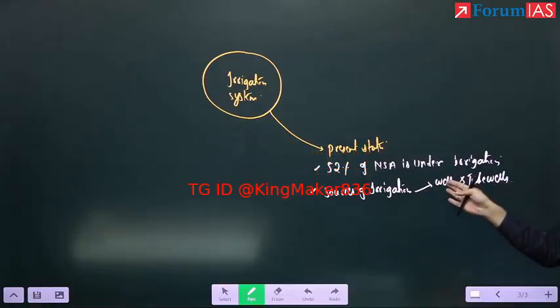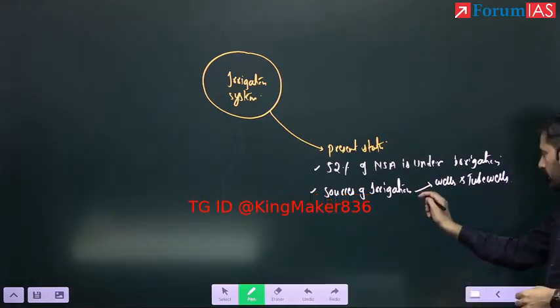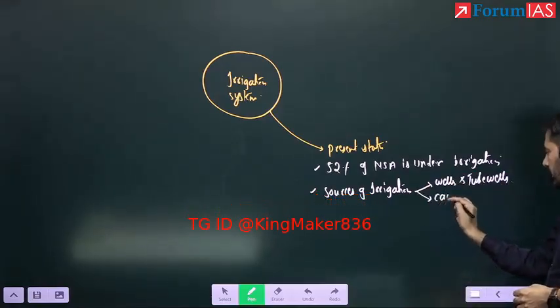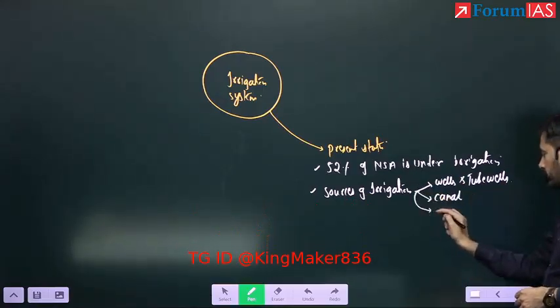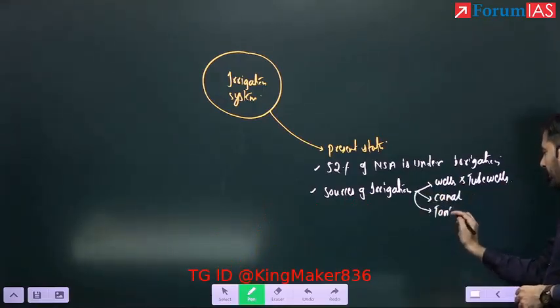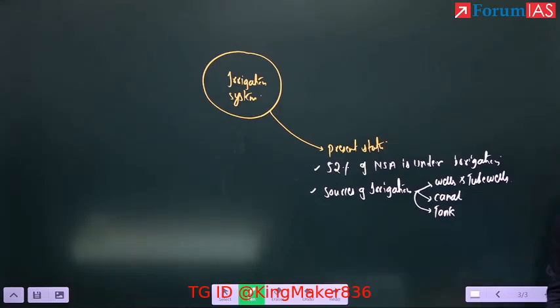Second is canal irrigation. Third is tank irrigation. Tank irrigation basically means, as you must have seen in certain agricultural fields, they build a tank and directly cultivate the crops from the tank.